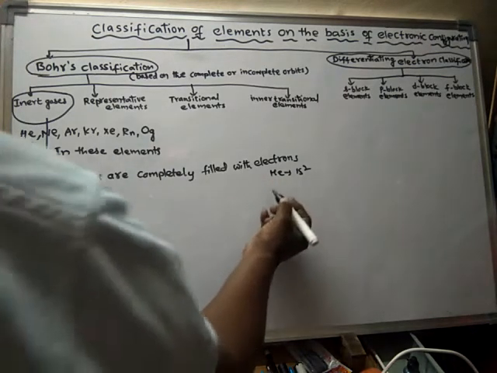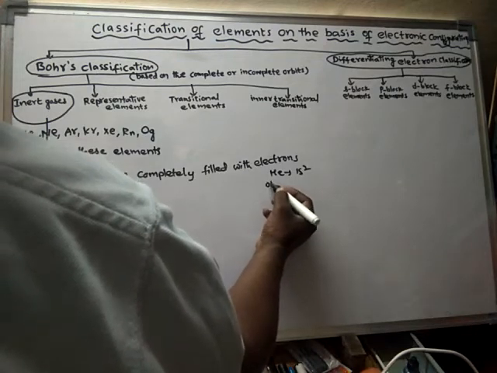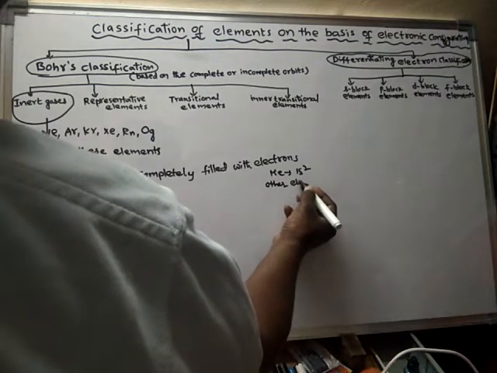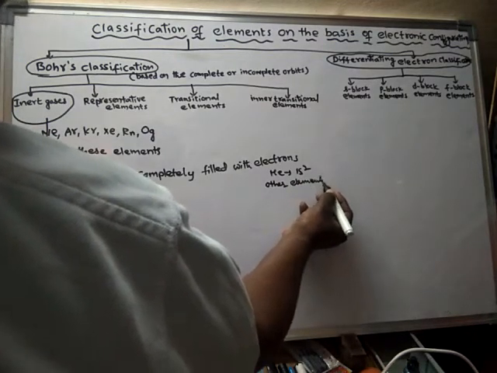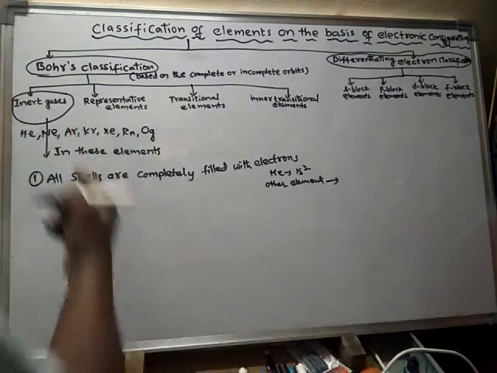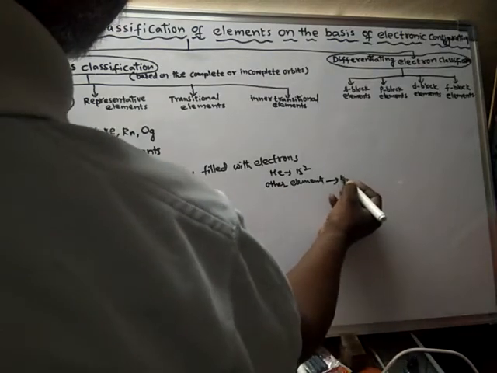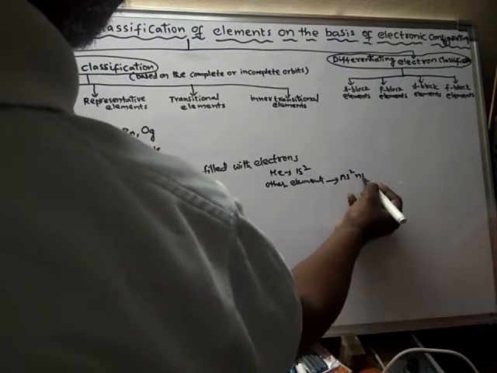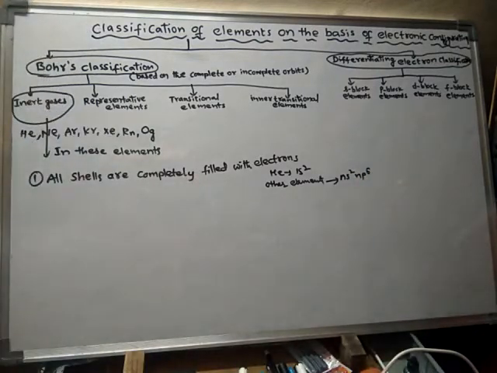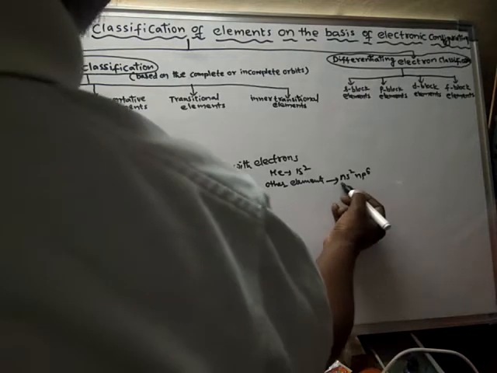So helium and all other inert gases, other elements of this group, possess ns2 np6 configuration in the outermost shell. All other inner shells are filled, and even the outermost shell is also filled.